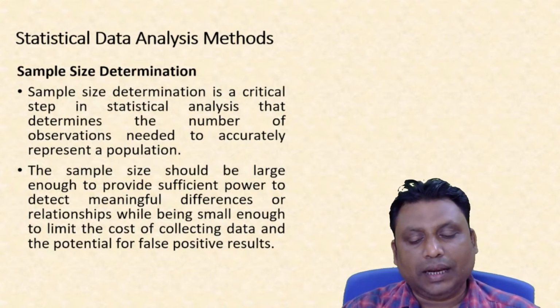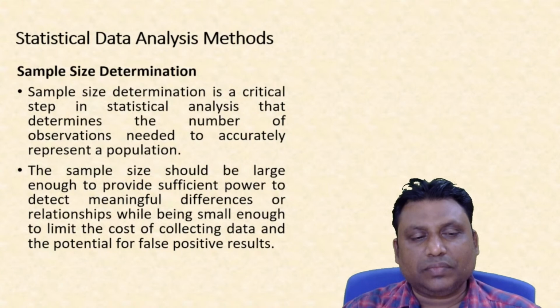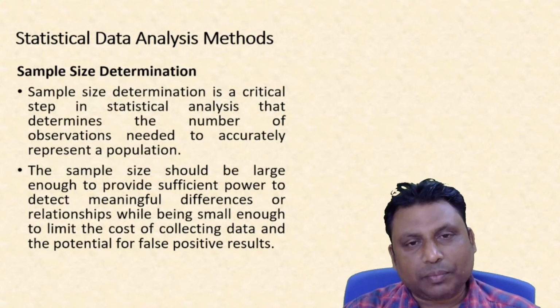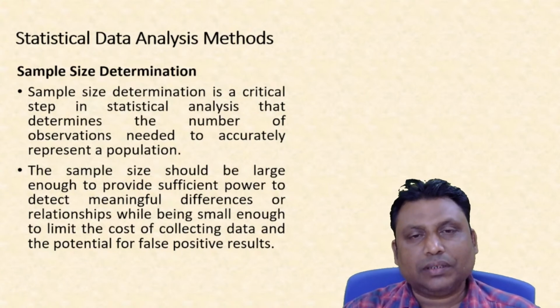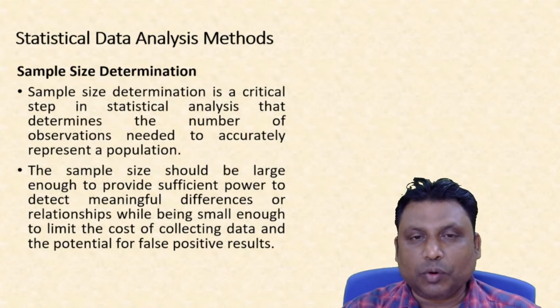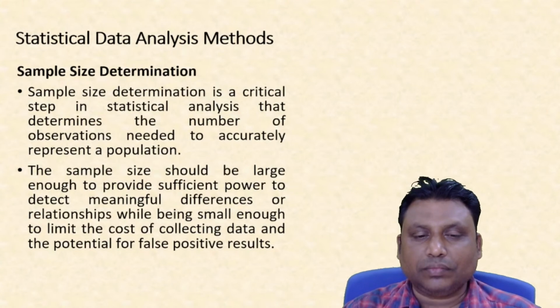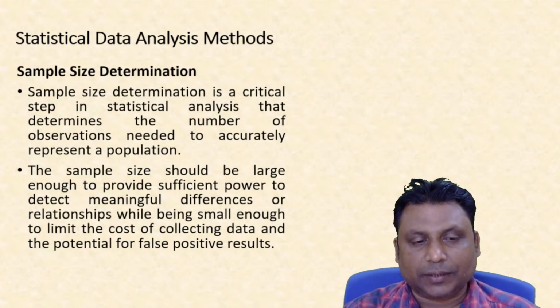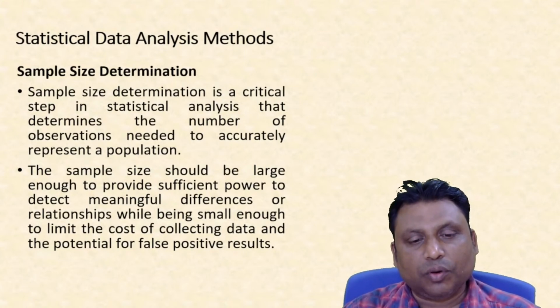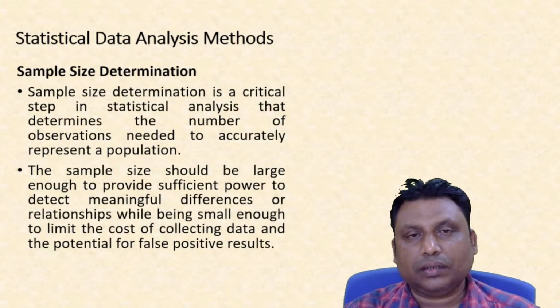Sometimes when you are using this sample size, the relationship between the samples is more, and sometimes it may be less. If the relationship between the data is not strong, the result will not be good, it will be negative.